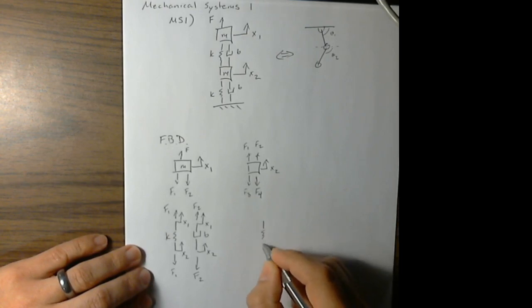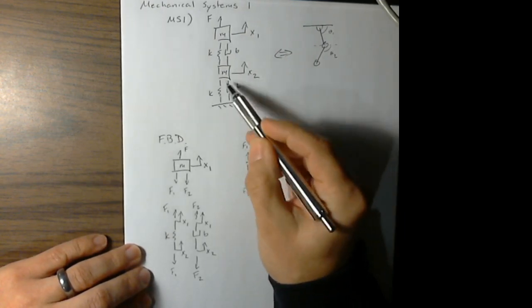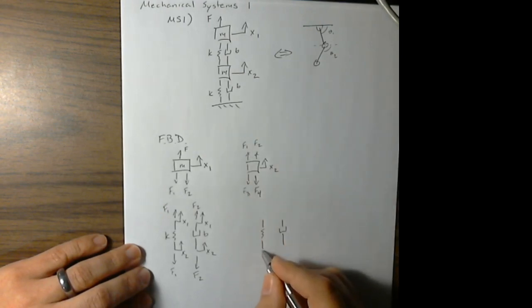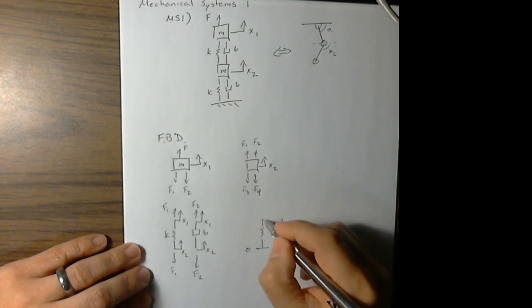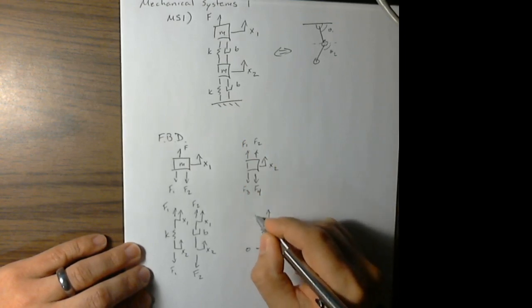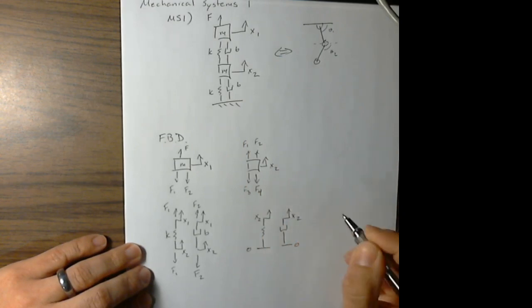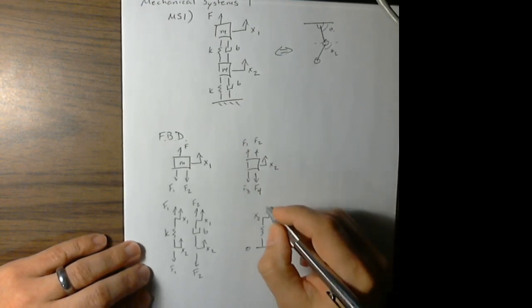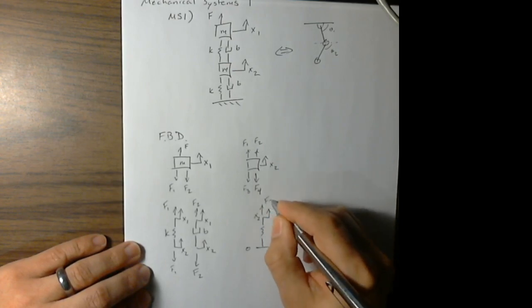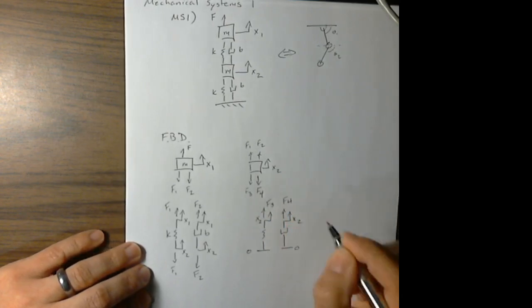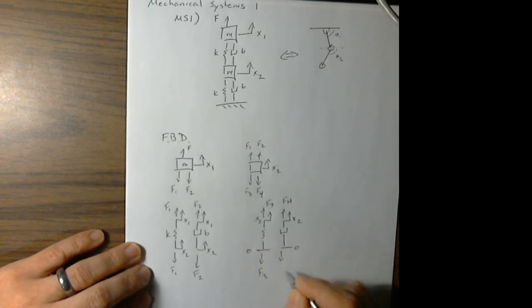And we can do the same thing for the free body diagrams of the bottom spring and the bottom damper. Right, so here now we're working on these. We're going to have a ground at the bottom. So that's just tied to ground. X2, X2. F3, F4, yep, and F3, F4.